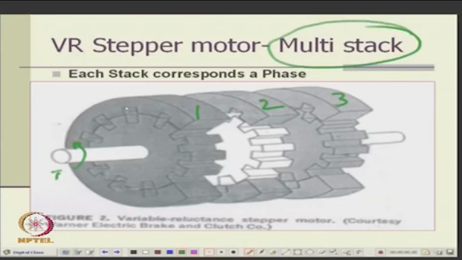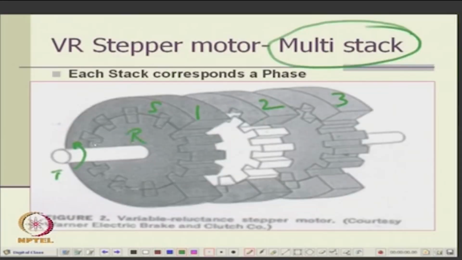It creates the poles in the stator and the respective rotor gets aligned, then it creates the poles in the next stator, the respective rotor gets aligned, then this. So, 1, 2 or 3 stator is magnetized at one time. This is the stator, this is the rotor, this is the stator, this is the rotor, this is the stator, this is the rotor.